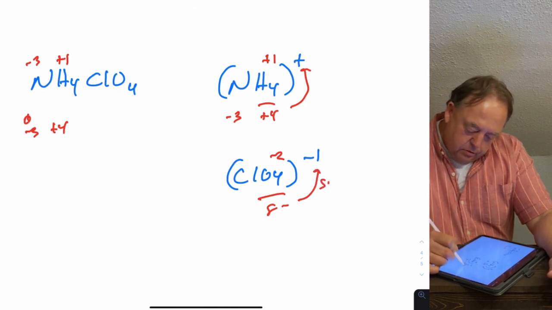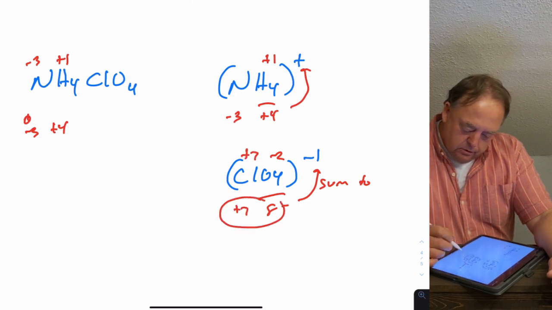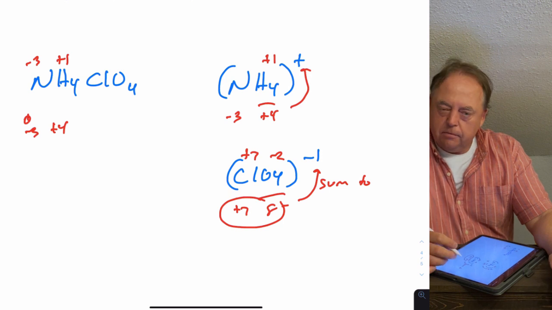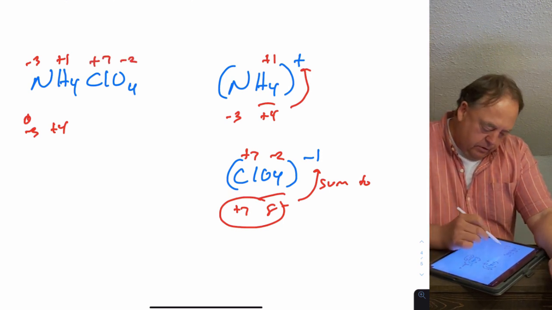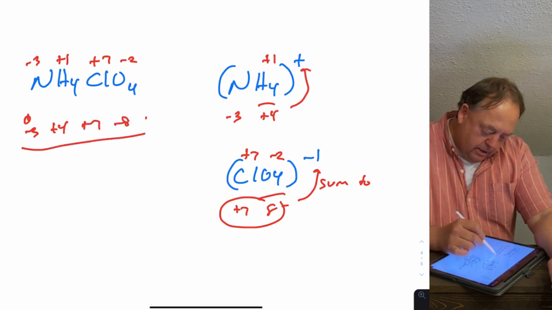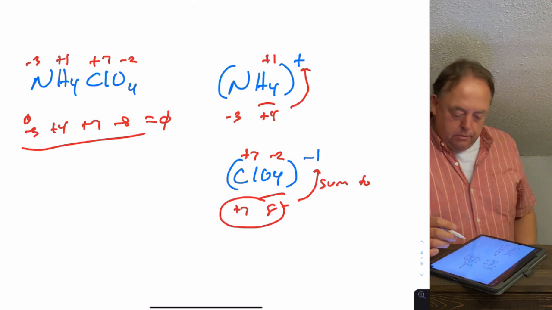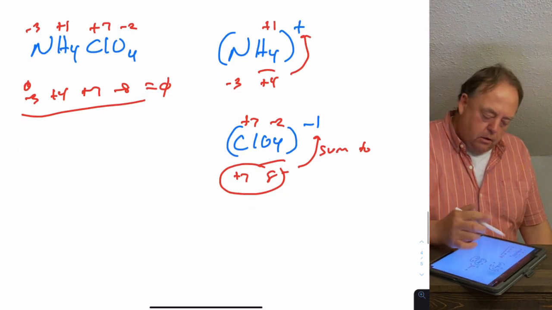Has to sum to -1, so that means chlorine must be +7. So +7, 8 negative would sum to -1. So chlorine's +7, oxygen's -2, and if you sum all of that up, that equals 0.